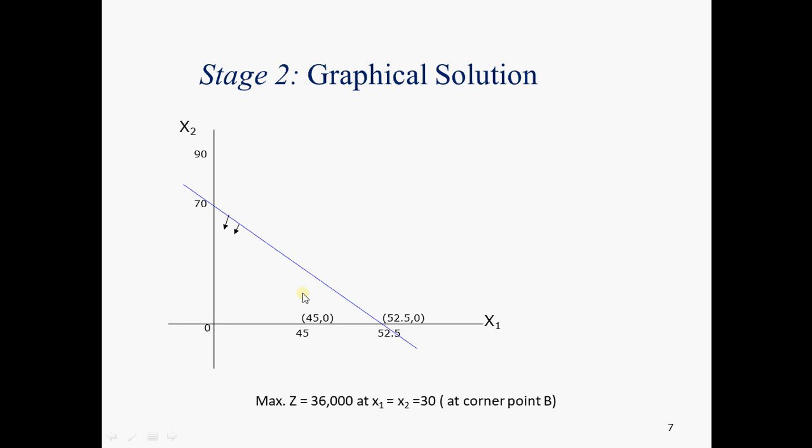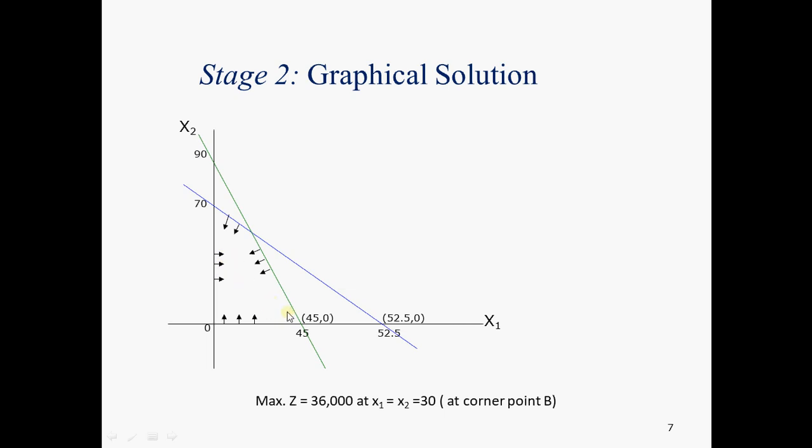If you introduce the second constraint, 2x1 plus x2 is less than or equal to 90, you will get a line like this, again with arrows pointing downwards. And x1 and x2 are both greater than or equal to 0.